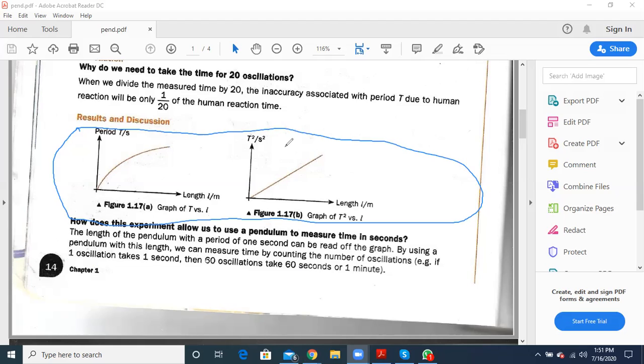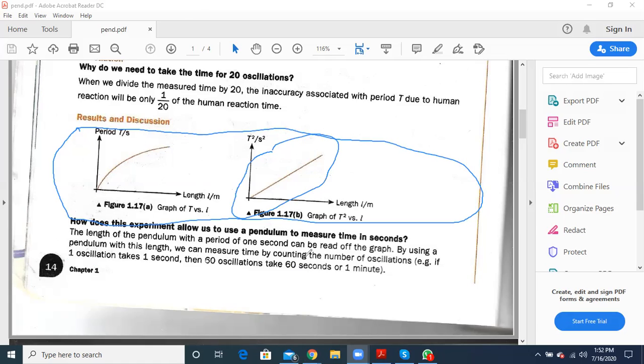Now this is a linear graph, because it is a straight line. So for period versus length, it is a non-linear graph, which is increasing: as length increases, time period also increases. And T square versus length is a linear graph.